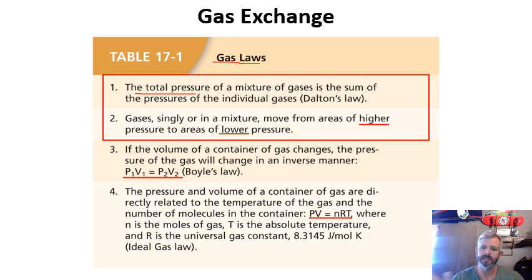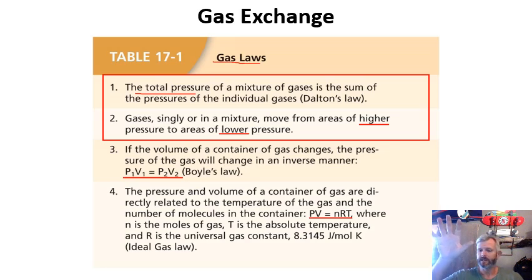And what's going to dictate the movement of gases is similar to a concentration gradient. We saw solutes dissolved in a solution move from an area of higher concentration to an area of lower concentration. In this case, gases, either singly or as a mixture, will move from an area of high pressure to an area of lower pressure.